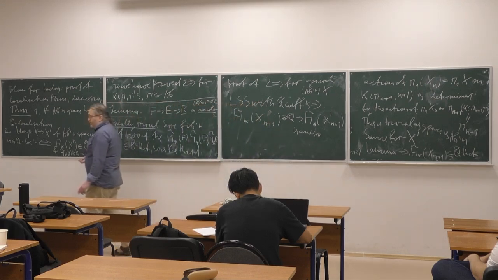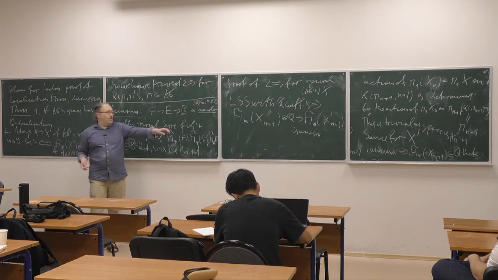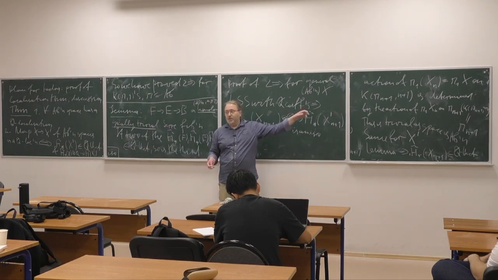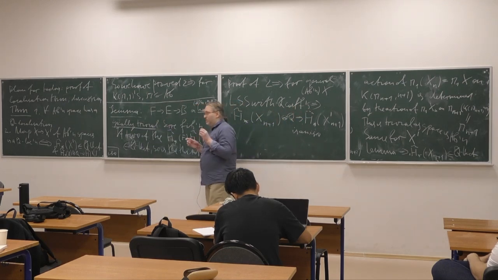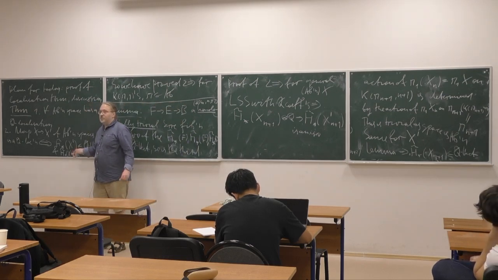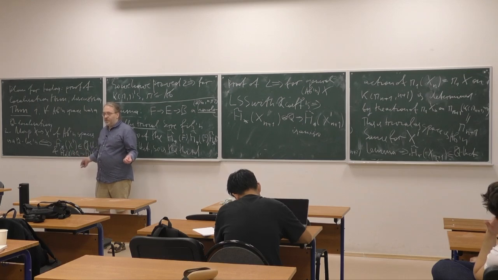So starting from n equal 1, we conclude that this map is an isomorphism for all finite stages of the Postnikov tower.